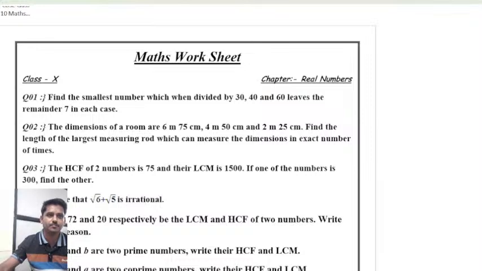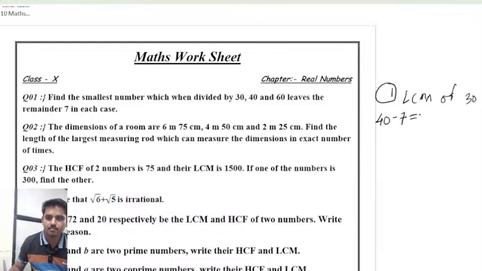So to find out question 1, the required number will be LCM of 30 minus 7, that is equal to 21, 40 minus 7 equals 33, 60 minus 7 is equal to 53.